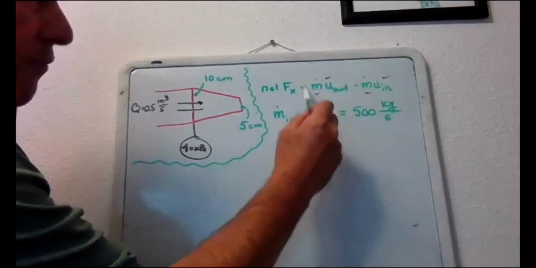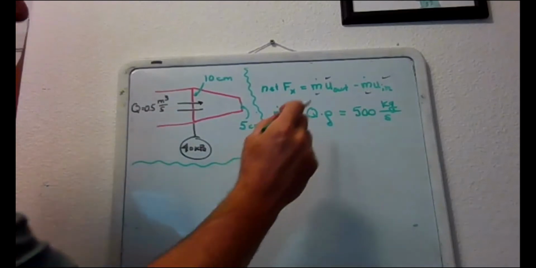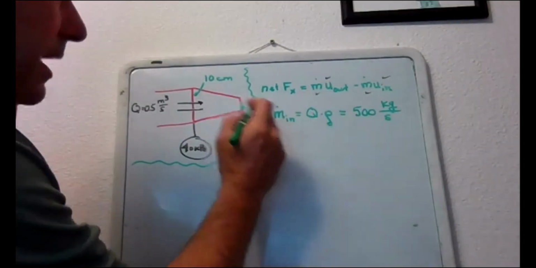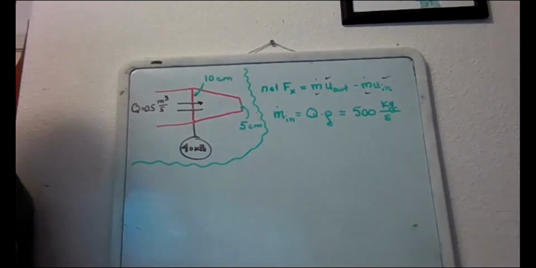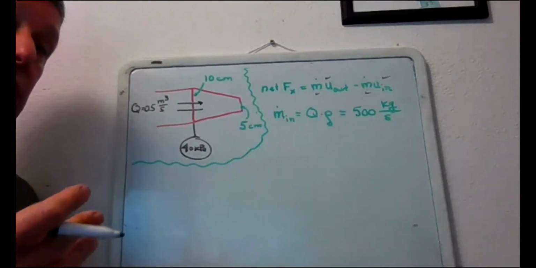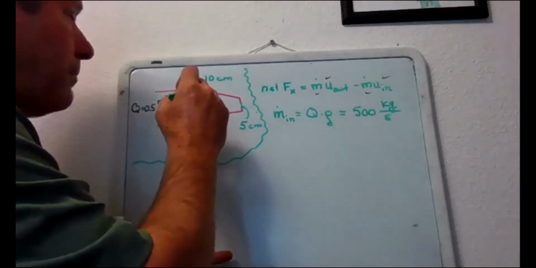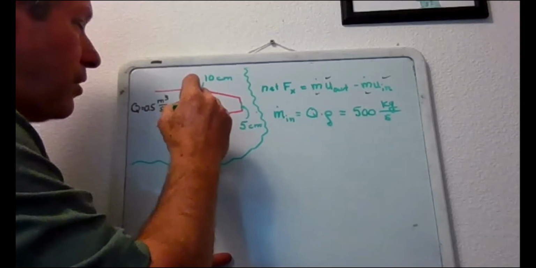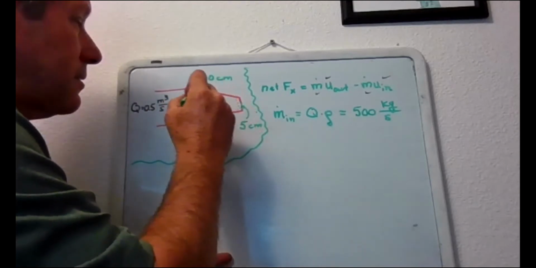Again, I said I have four things I need to figure out, okay? How about, let's do m dot out. How about the mass flow rate over here, m dot out? What is that going to be? Well, remember chapter 5, our first section was about steady state flow for control volumes, okay? Maybe I'll be a little bit like the book and make the control volume the interior of this nozzle here like that, where I have dashed lines, okay?